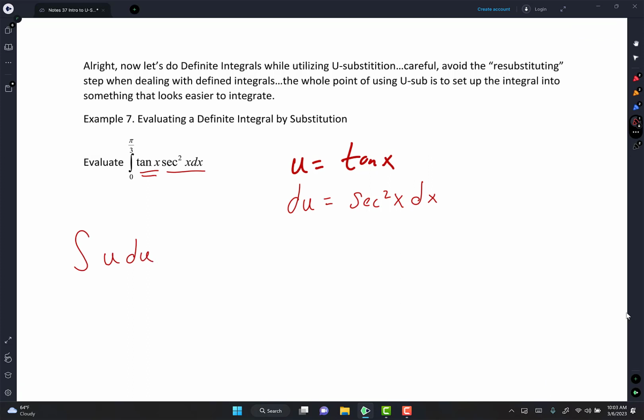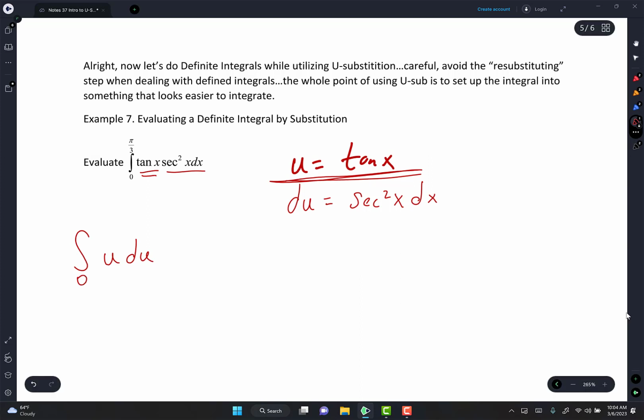Notice that I have not written the limits. That's because now I'm in u. I'm not in x's. So here's what you say. When tan is 0, what is u? What is tan of 0? Tan of 0 is 0.